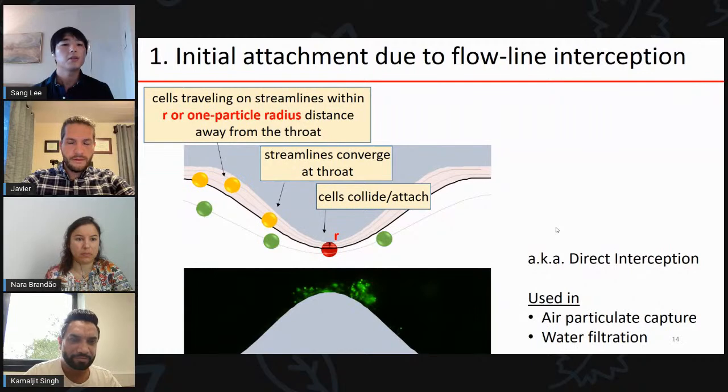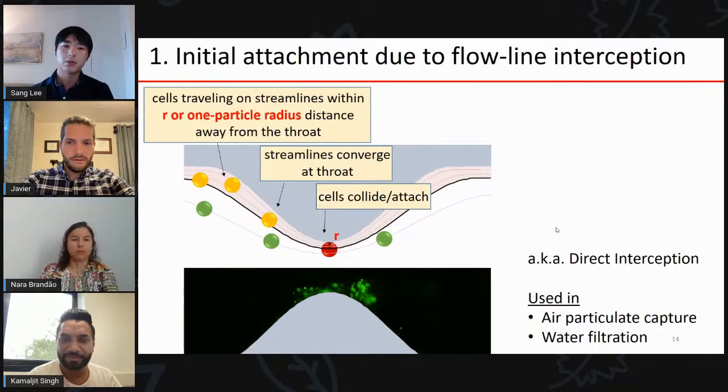But once the cells form some kind of layer on the surface of the pore throat, then it's the interaction between cell and cell. So I think at that point the chemistry will have less effect.